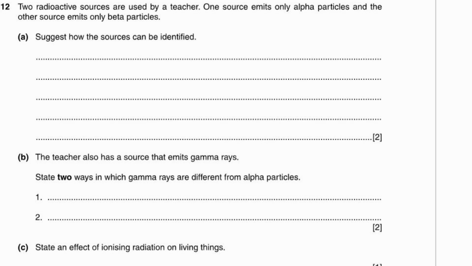Question 12. Two radioactive sources are used by a teacher. One source emits only alpha particles and the other source emits only beta particles. A. Suggest how the sources can be identified. Best thing we can do, get a radiation detector and put a piece of paper in front of it, because alpha particles cannot pass through the paper.